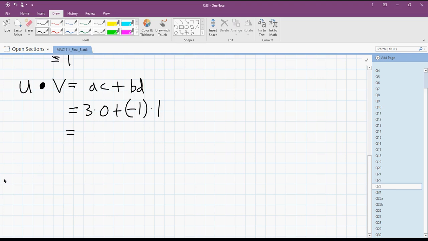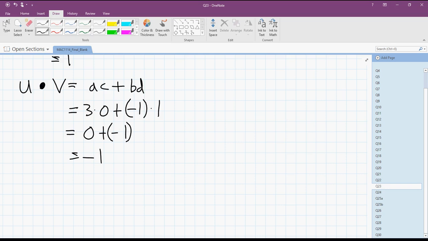So what is 3 times 0? 0. And what's negative 1 times 1? Negative 1. This is the easy stuff, guys. So what's 0 plus negative 1? Negative 1. Now you know the dot product.